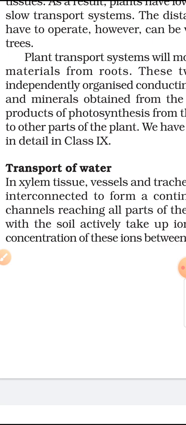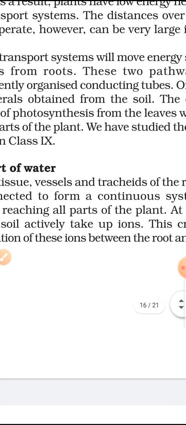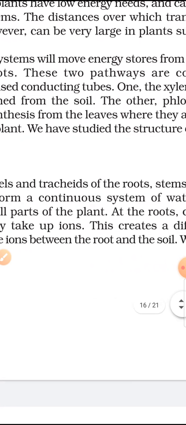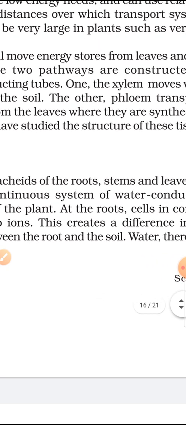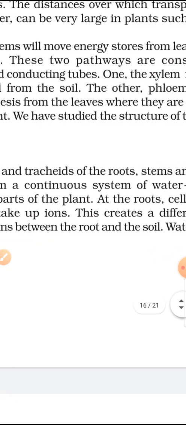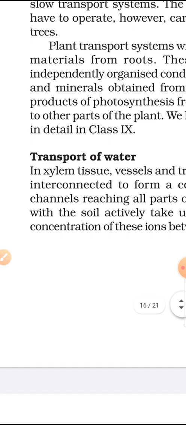In xylem tissue, the vessels and tracheids of the roots, stem, and leaves are interconnected.